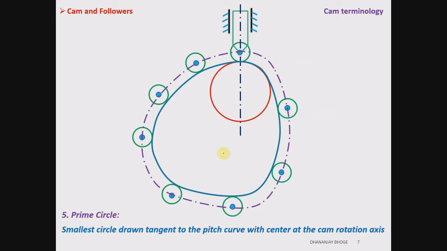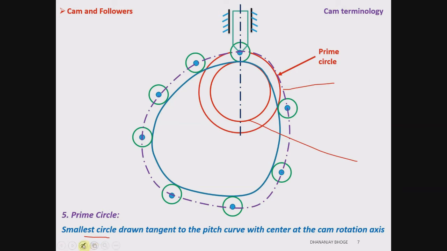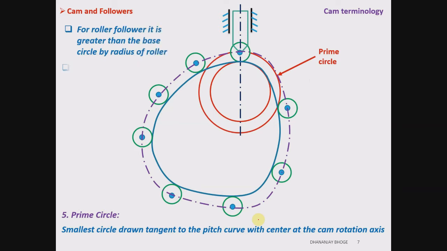Okay, so base circle is the circle tangent to the cam profile, and prime circle is the circle tangent to the pitch curve, having their centers at the center of cam. So this is the prime circle for roller follower, and it will always pass through the center of roller. Okay, and for knife edge and flat face follower, it is identical to the base circle.